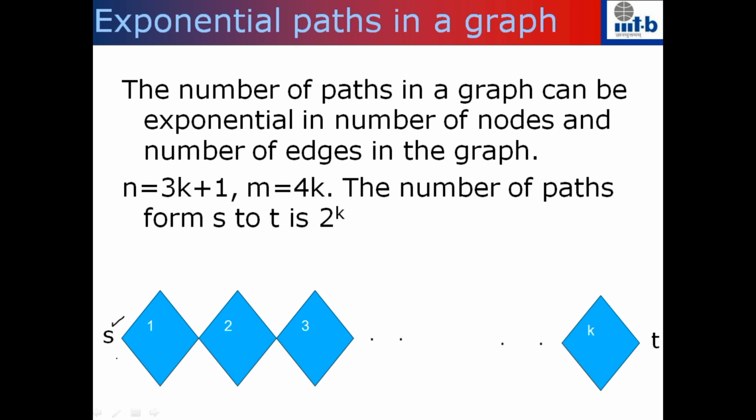There are 4 vertices in this block. From this vertex I can either go up and reach this vertex or come down and reach this vertex. From either of these vertices I can come here. So from here I can either go up or come down. There are k such blocks.